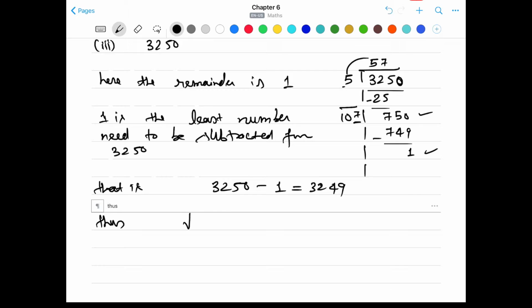Thus the square root of this number 3249 is the number written here, 57. That's our answer.